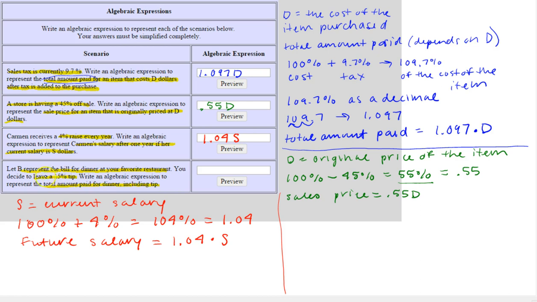So you have to pay your entire bill for dinner, that's 100%, and then we're going to add on 15% of that bill for the tip. So let's put this over here. So B equals your bill for dinner in dollars.